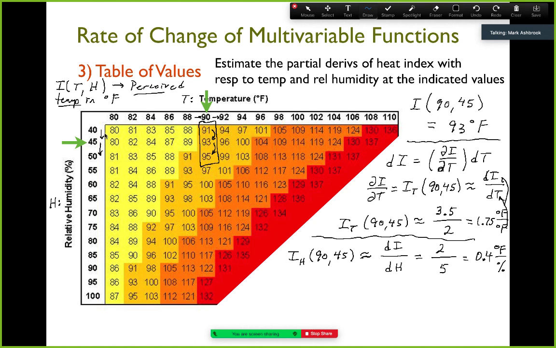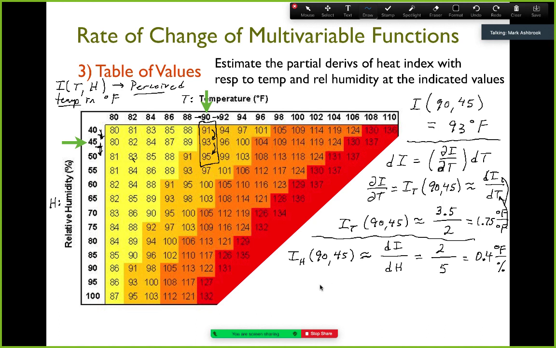Yeah, and anything we could introduce in between would just be based on the 2 over 5, right? So the best we could do introducing new data would be based on what we have. There's no point in trying to make a smaller change in humidity because we don't have any more information than this.